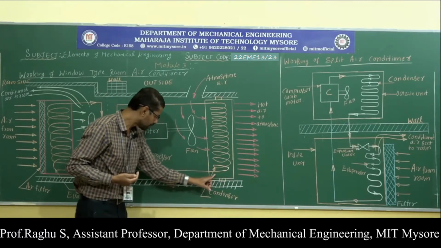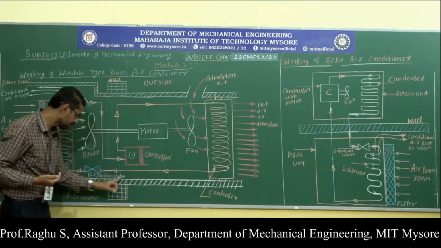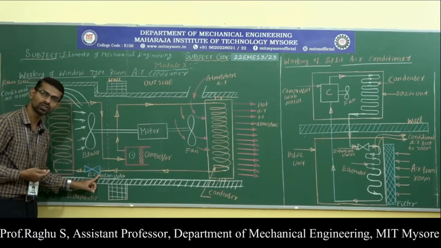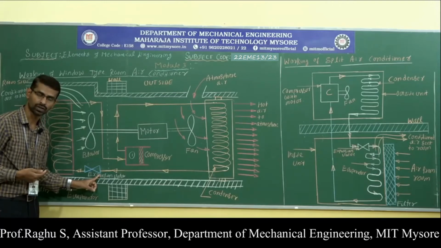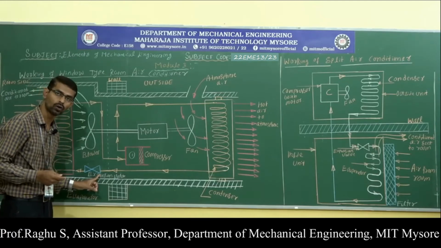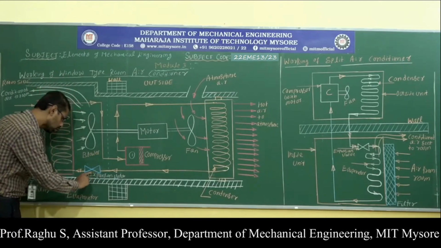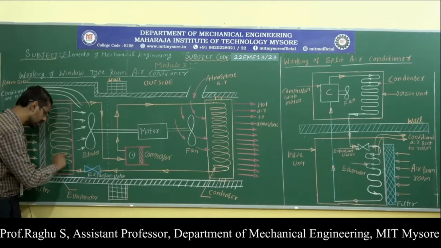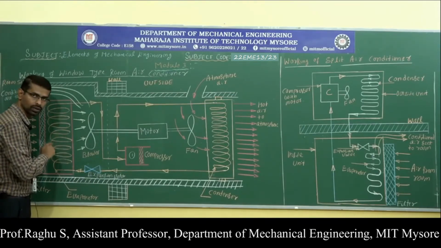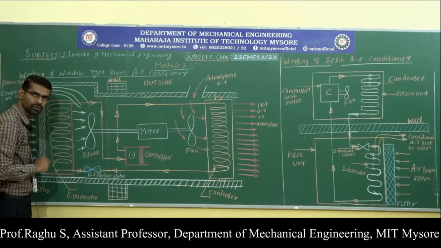Now, the liquid refrigerant enters into the expansion valve. In the expansion valve, expansion of liquid refrigerant takes place. Due to expansion, both pressure and temperature get reduced to a lower value. Now, the low pressure and low temperature liquid refrigerant enters into the evaporator coils or evaporator tubes.